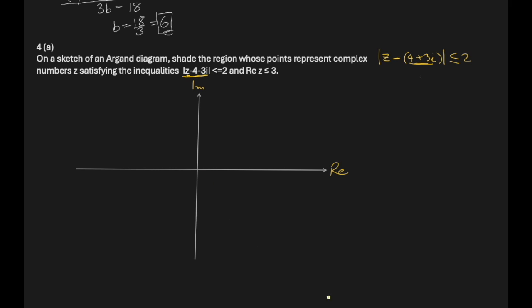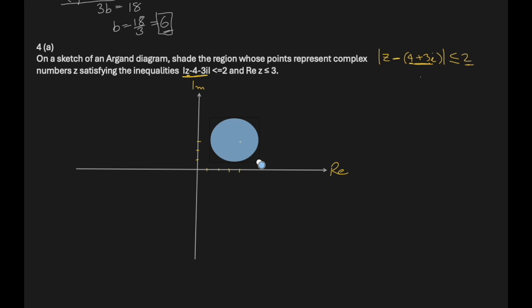So what will I do? I will draw a circle where first real part is 4 and imaginary part is 3. So let me make some scale here: 1, 2, 3 and 4. And there will be 3 units in this direction: 1, 2, 3. So this becomes the center of the circle I am going to draw. And that circle will have a radius of 2 units. So let me try to draw it here.